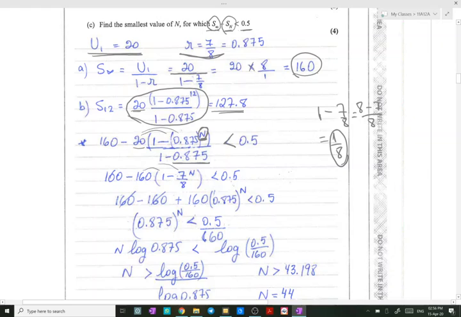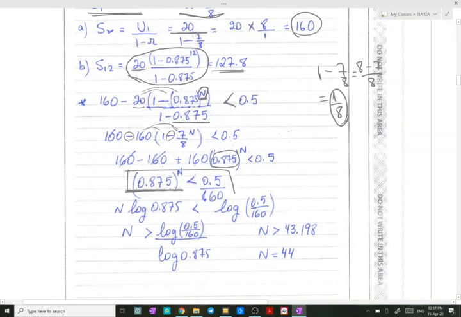Entering the 160 inside, you're going to get 160 minus 160, because minus 160 multiplied by 1 is minus 160, plus you multiply here because minus times minus is plus, 160 times the ratio to the n less than 0.5. You make the subject 0.875 to the n, because it has the unknown on one side, and you take the other numbers to the other side, and you reach this inequality.